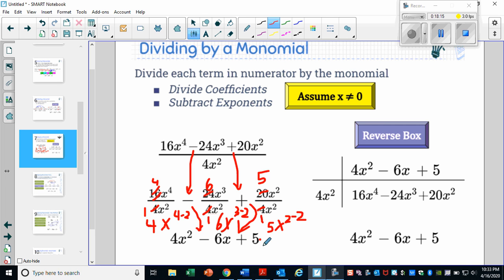So it would be 5x to the 0. But x to the 0, in the end, is 1. So that means, when all is said and done, the x to the 0 just disappears. But you have to keep your coefficient, which is the 5. In this case, the coefficient just becomes a constant.